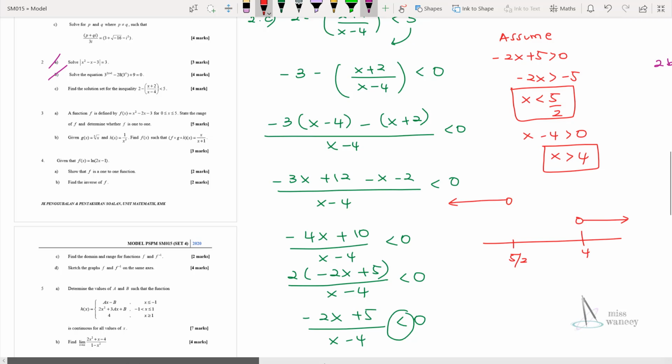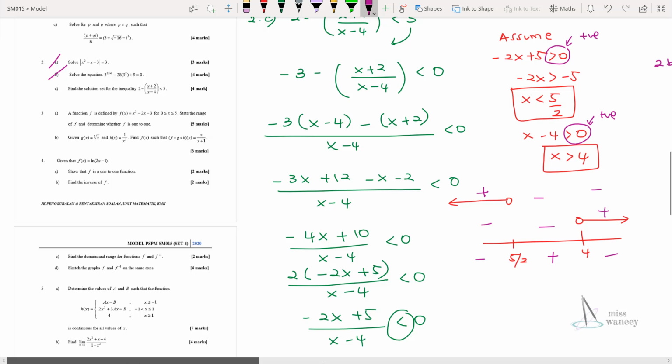Okay, so when I assume them to be greater than 0, so this one is for a positive. So greater than 0 as well, so this is for positive. So that means on top of my line, I should write down a positive. Other than that, negative, negative, negative. So negative, positive, negative.